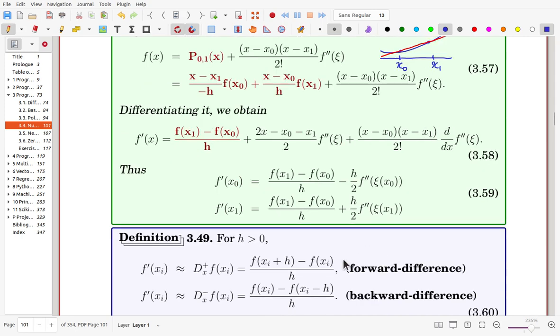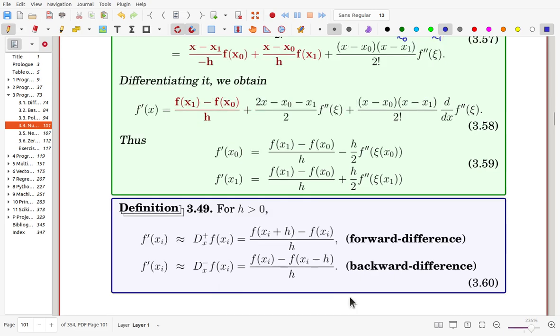Now for general xi, when h is positive, xi plus h will be a forward point. So at xi, this quotient is a finite difference formula using the forward point, so we call this the forward difference formula. And we use the notation here, x directional difference formula using the forward point of f at xi.